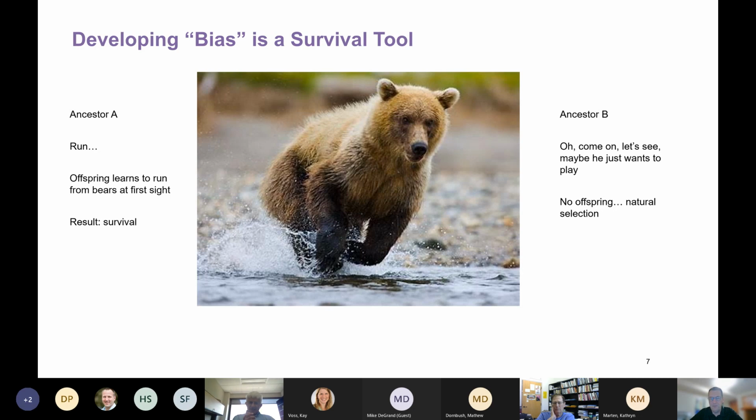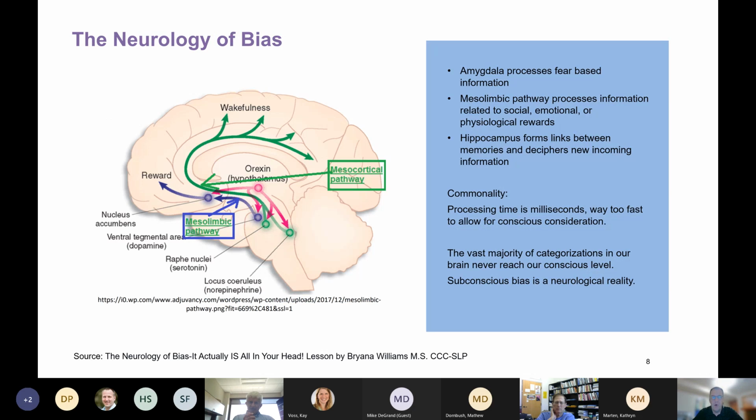So how does that work neurologically? There are multiple areas in our brain that move information along, and in some cases they don't reach the conscious level. If it is a fear-based response, there's a part of our brain called the amygdala.